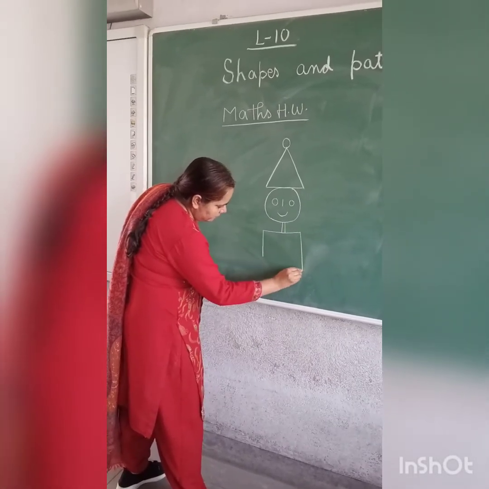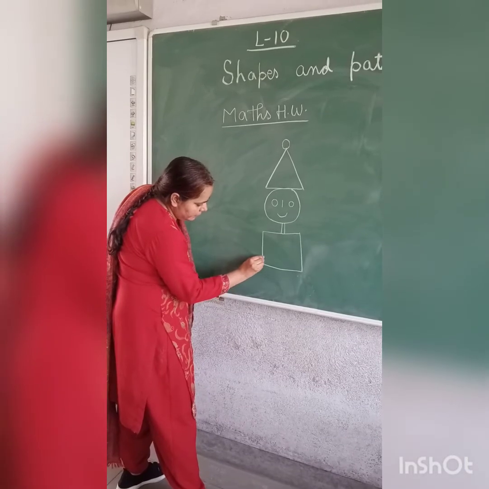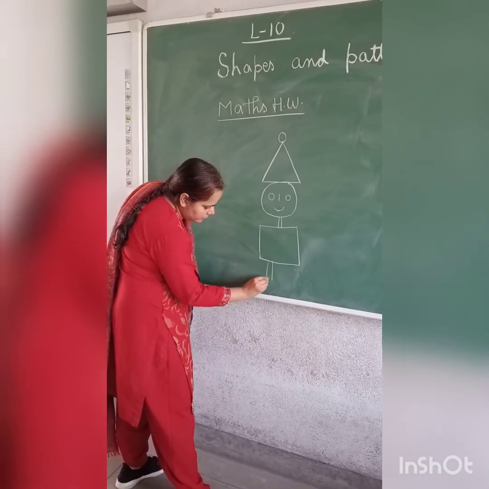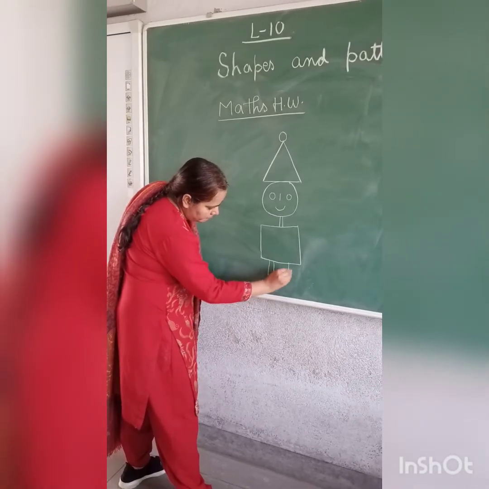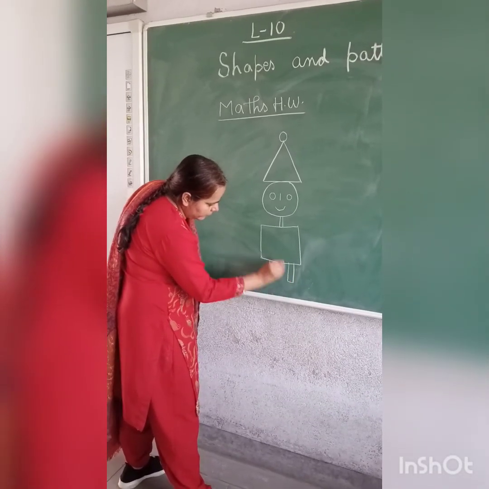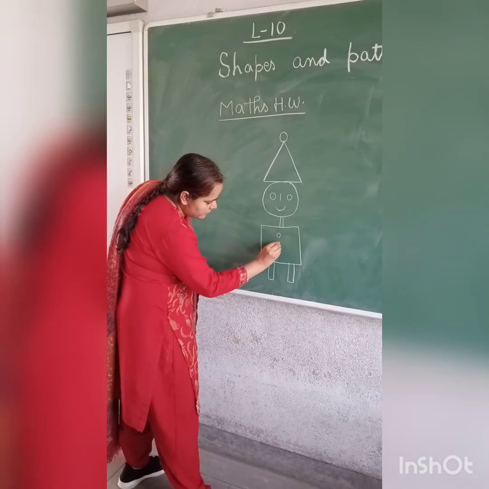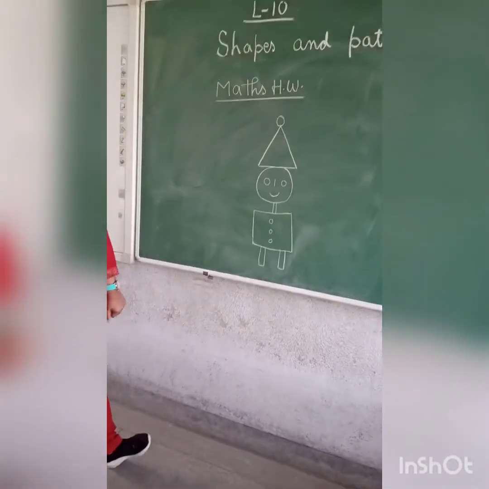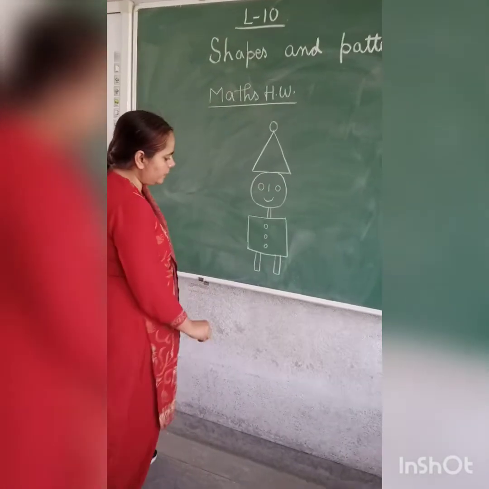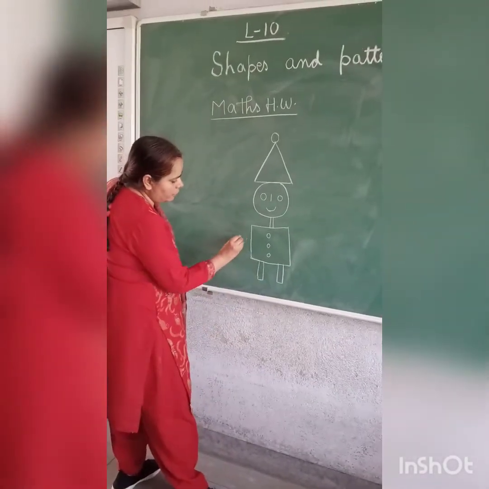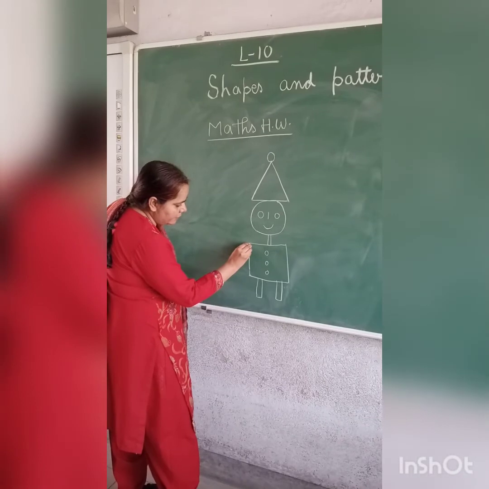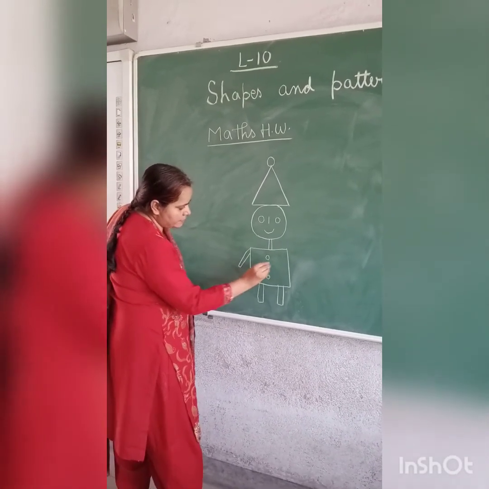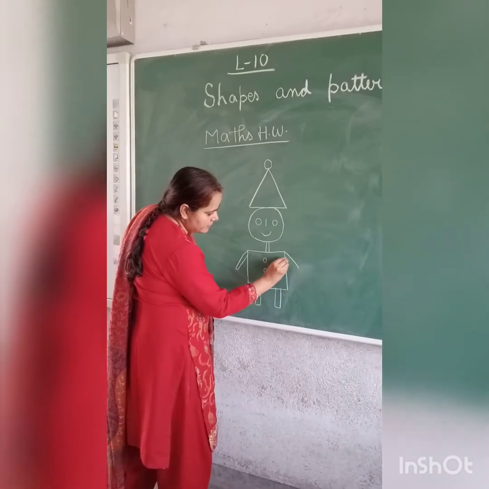Okay. Then again two small rectangles for legs, and small circles for buttons. Okay. In this way we are going to make a picture of a puppet, and for hands we can use small rectangles.